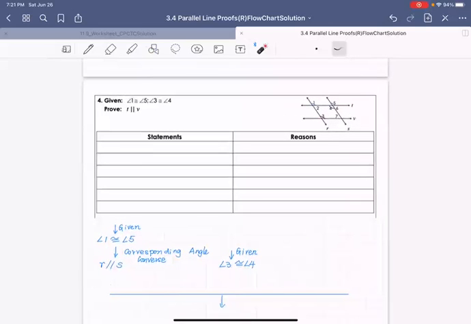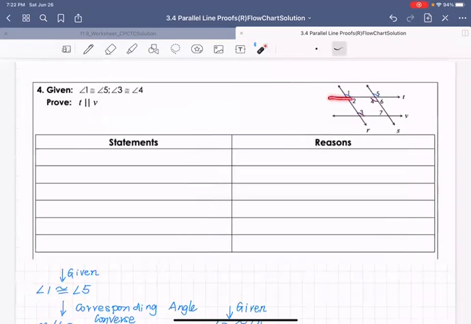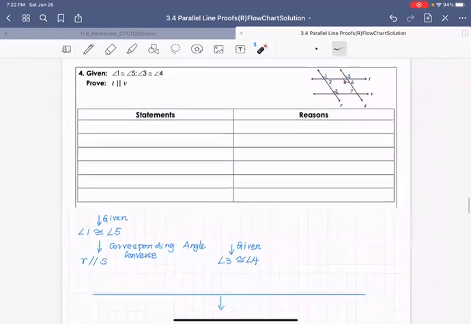To prove T and V parallel, we can say as long as we prove angle 1 is congruent to angle 3.